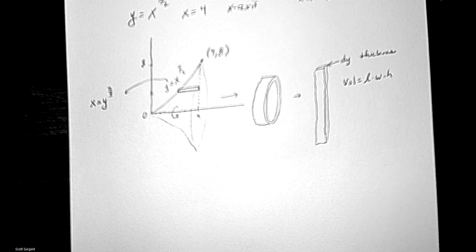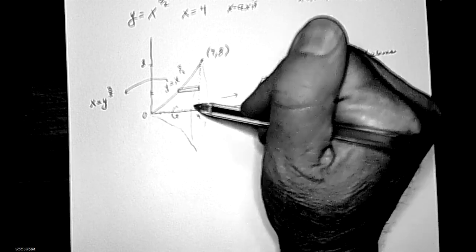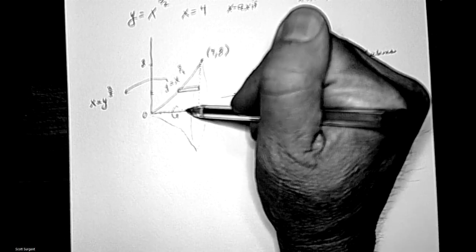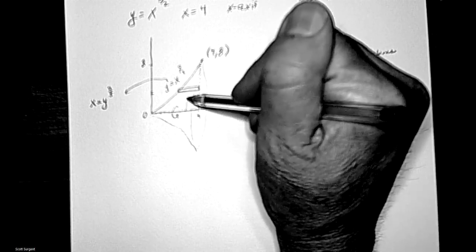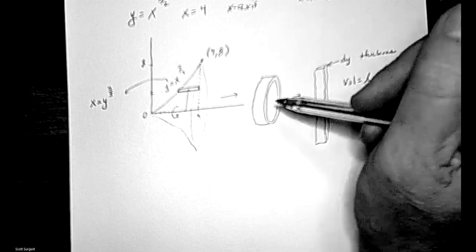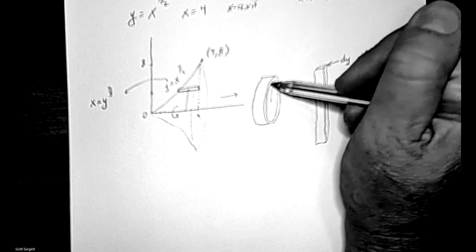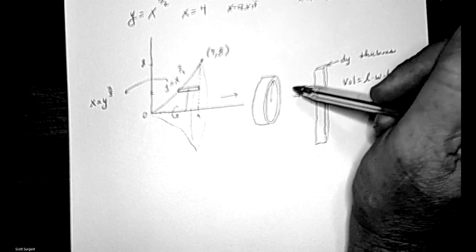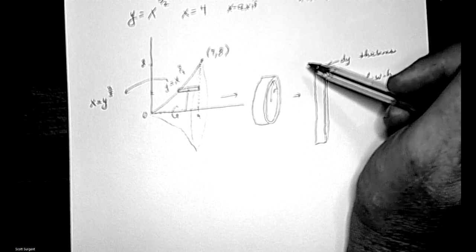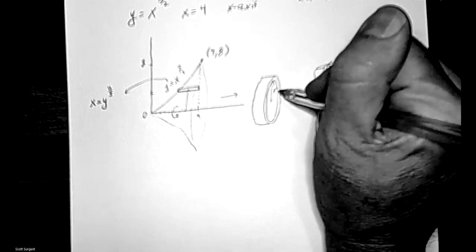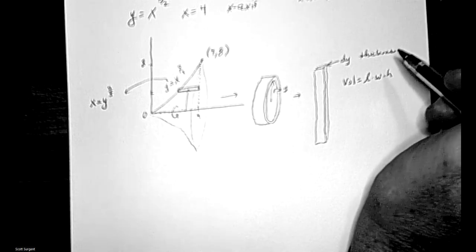So now we've got two things going on here. From the axis of rotation, draw an arrow up to the shell. That's your radius. That would be like the radius up to here. And that's going to be the y value. That's just simply y. Okay.